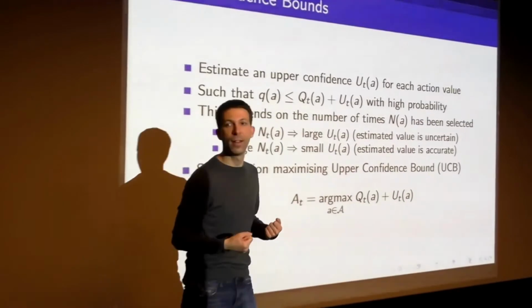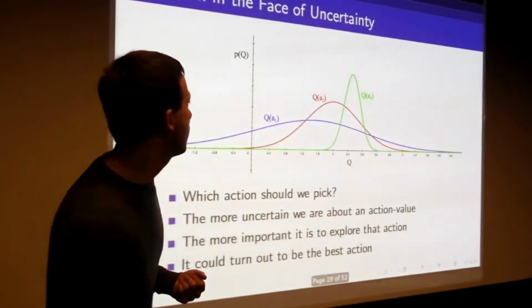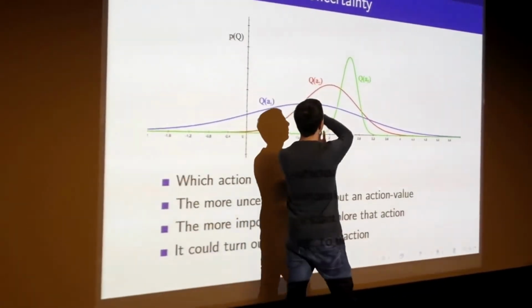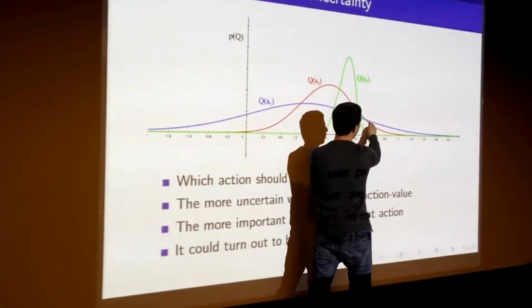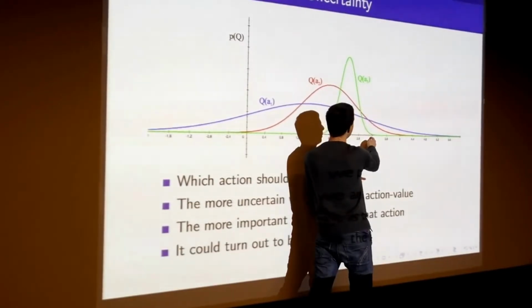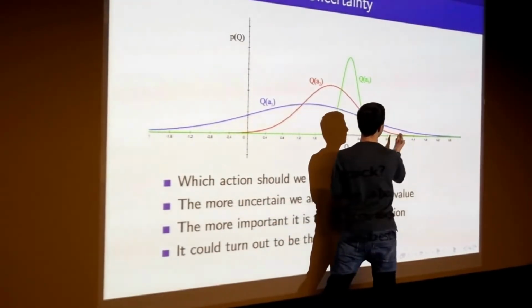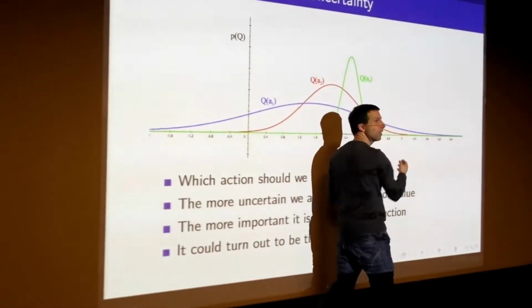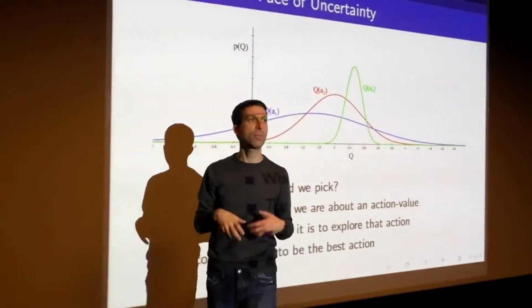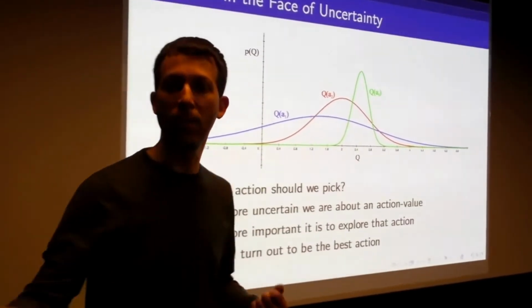So we're going to say, maybe I'm 95% confident that this one is going to be within this range here. And so that gives us our point that we use. That's our U value here now. And compared to this one, we might say a 95% confidence interval is here. We're going to use that as our U value. So think of them as high probability confidence intervals on what our Q value could possibly be.